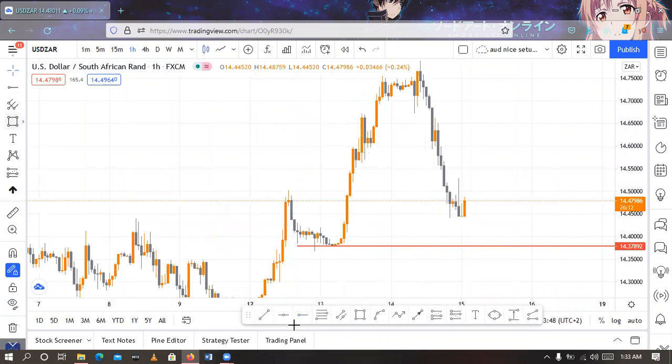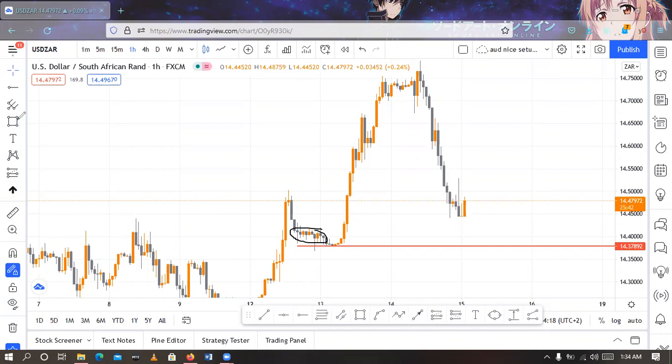Now, previously, what I want to show you guys is that we had price break previous level of structure here, right? But what we were waiting for is a clear break of that level, a pullback into that level, see price getting exhausted here, seeing rejections here, and seeing a level of structure being formed. Now, it might not be clear, but this level here is actually a level of structure, which you might have missed.